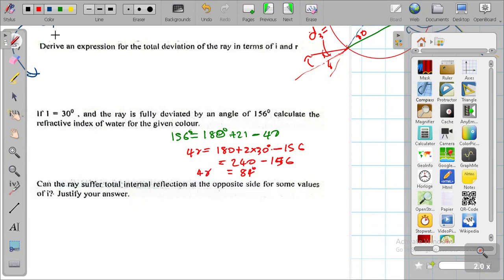So R equals 84 divided by 4, R equals 21 degrees.